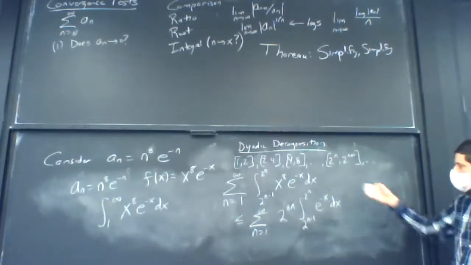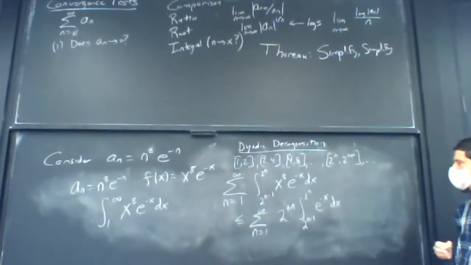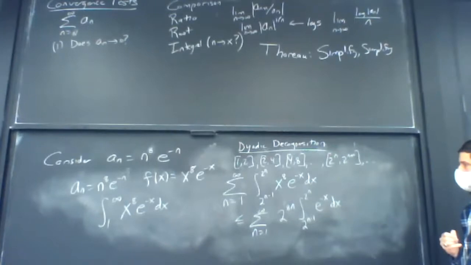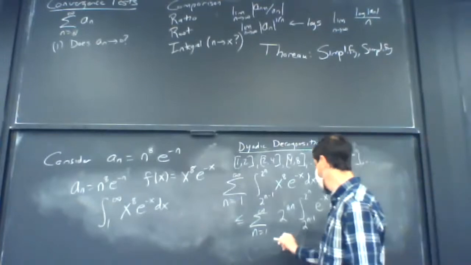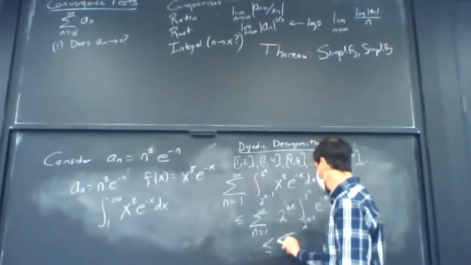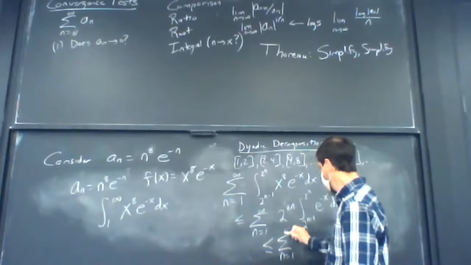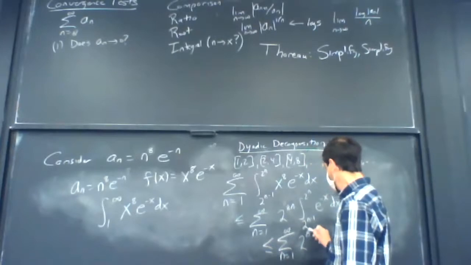Okay. How large is this interval? 2 to the n minus 1. So this would be less than or equal to the sum, n goes from 1 to infinity, 2 to the 8n.